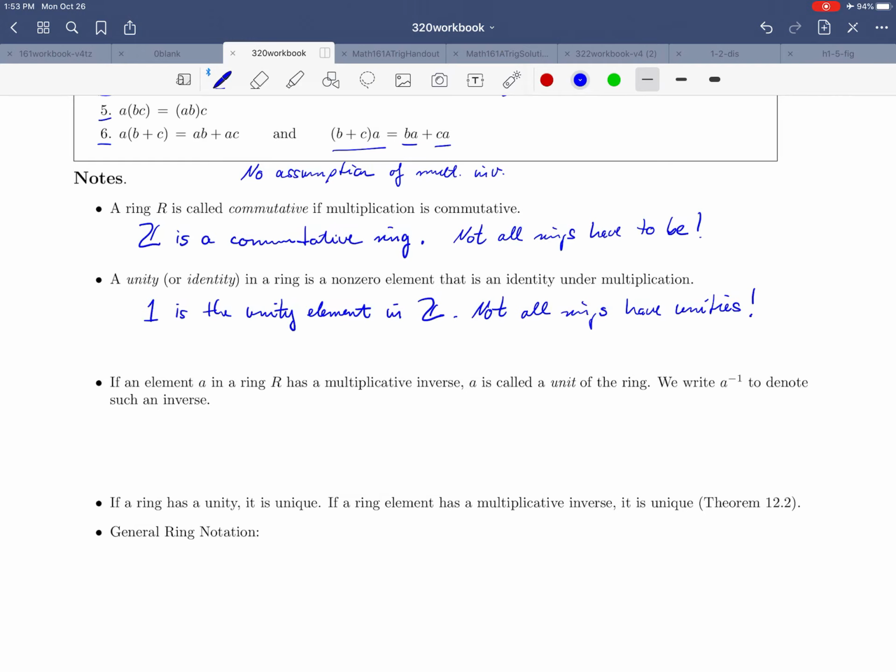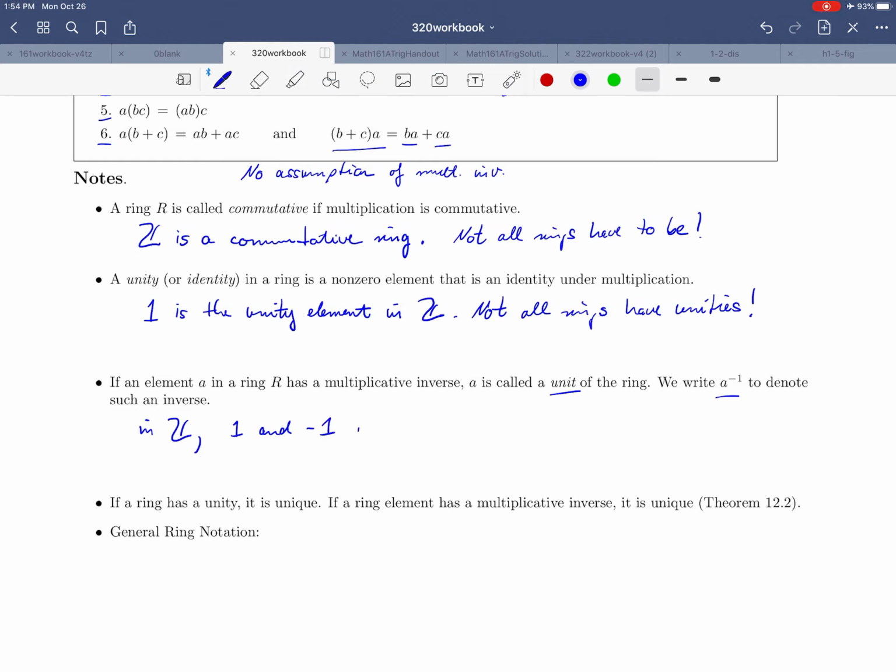Okay, and so if we move on to inverses, if an element A in a ring R has a multiplicative inverse, then we call it a unit. So a unit of a ring is an element that has a multiplicative inverse, and we are using a to the minus 1 to denote such an inverse. In Z, we do have a couple of elements that are units because they have multiplicative inverses, and they are 1 and minus 1.